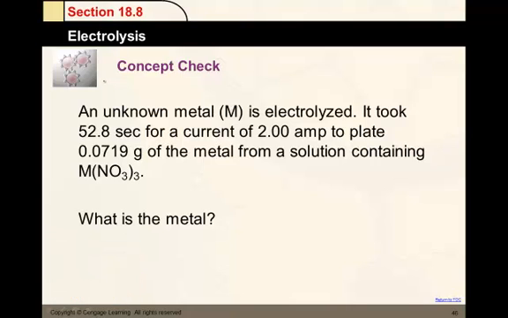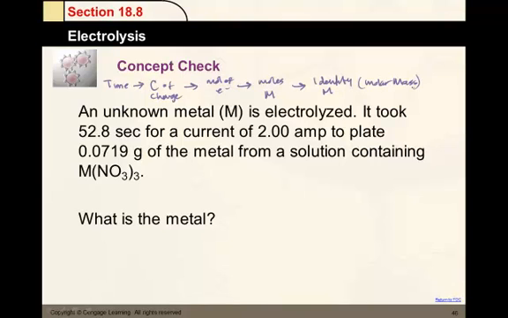So you're going to start with the time, and you're going to go to the coulomb of charge, then your mole of electrons, to your moles of substance M, to your identity of M. In other words, you need to find the molar mass.